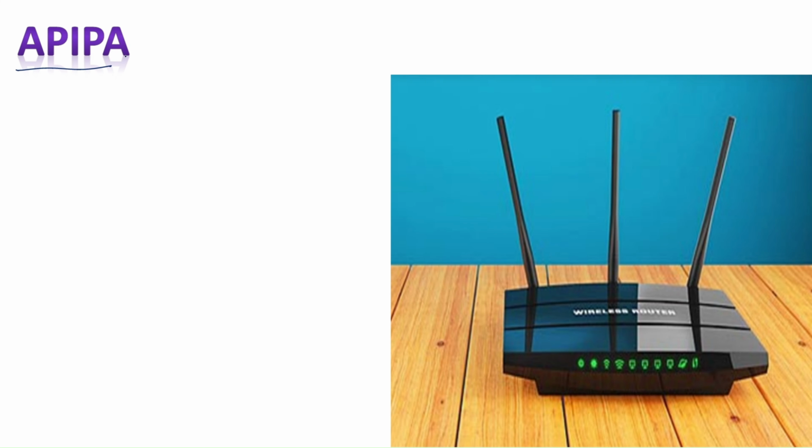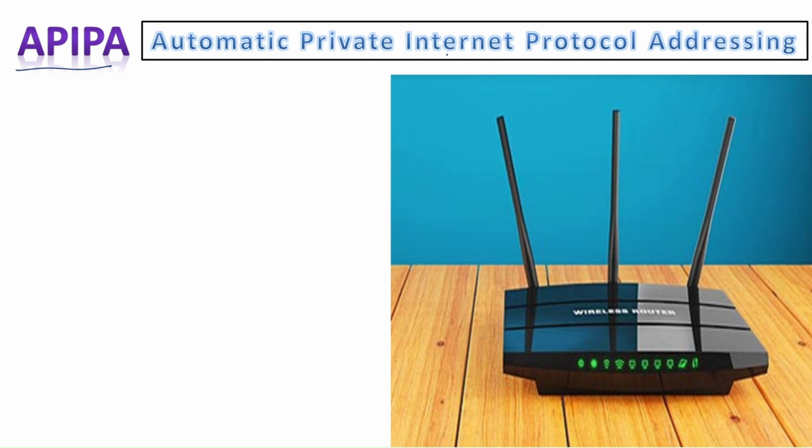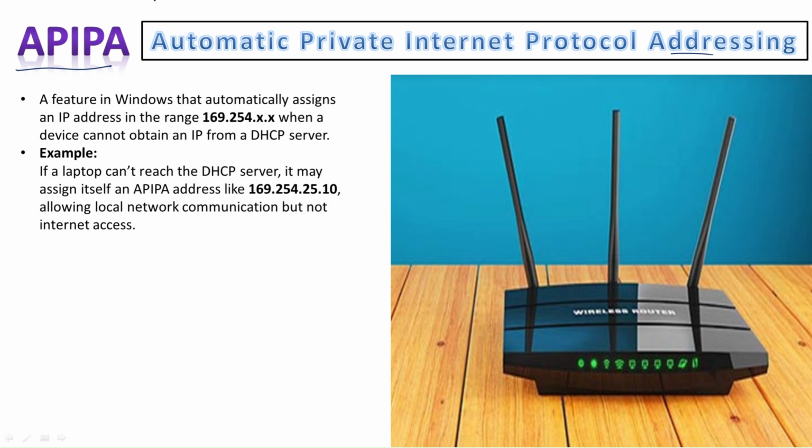Next is APIPA, that is Automatic Private Internet Protocol Addressing. What is APIPA? It is a feature in Windows that automatically assigns an IP address in the range of 169.254.x.x when a device cannot obtain an IP address from a DHCP server. You must have seen this on your PCs or laptops.